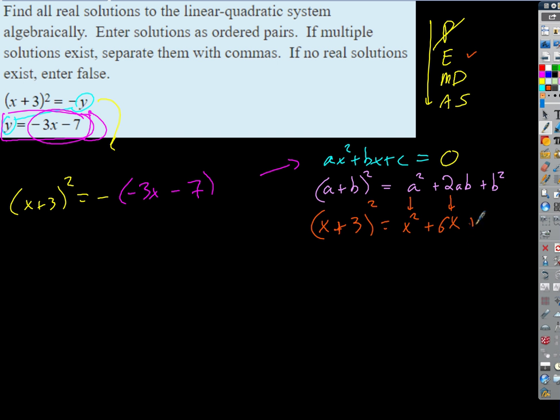Good. Plus 3 squared is 9, right? Okay. So everything here becomes x squared plus 6x plus 9, and that's all equal to negative the quantity, negative 3x minus 7.